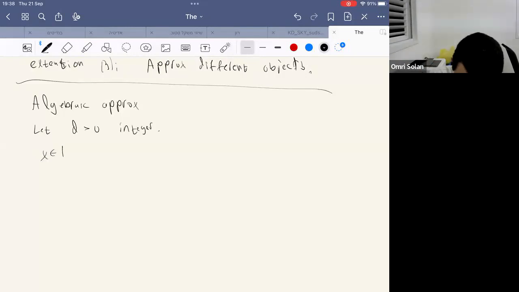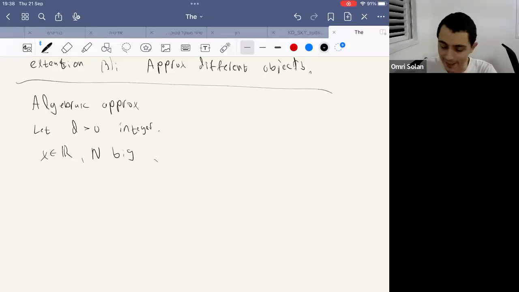x be a real number, n big, and now we can consider algebraic numbers.